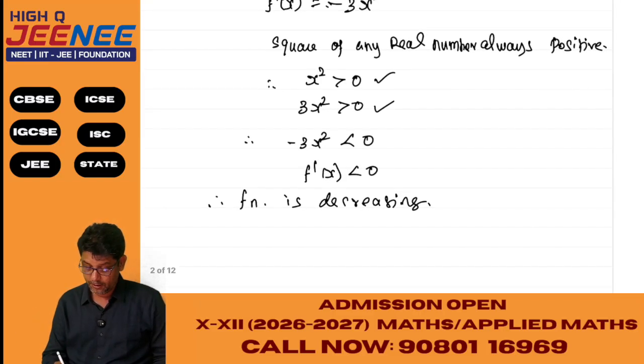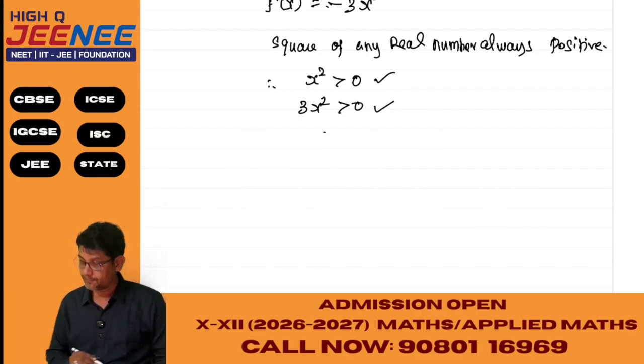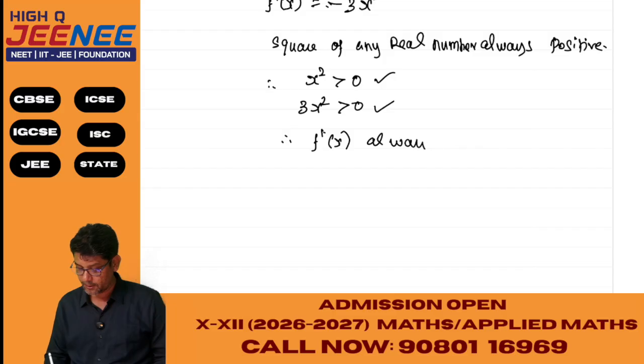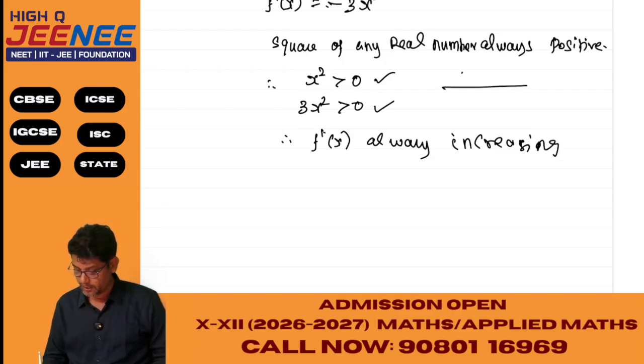Here, in this question, till here it is the same only, right? Therefore, f dash of x is always increasing. When, my dear? See, this is 0, right?